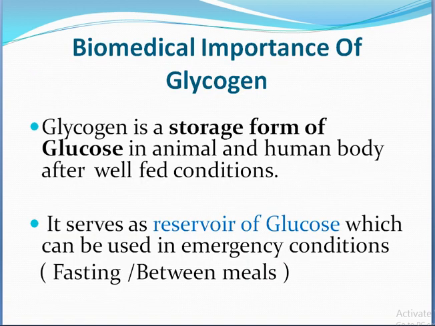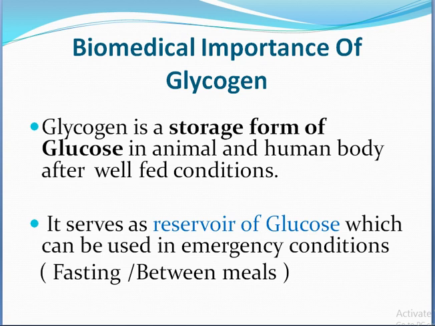The biomedical importance of glucose storage: in human beings as well as animals, after the fed condition, it serves as a reservoir of glucose which can be used in an emergency or between two meals. For example, after breakfast we take lunch later.